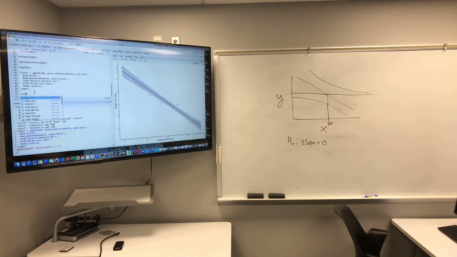So read in that. Obviously, this won't work if you don't have it already in your computer somewhere.